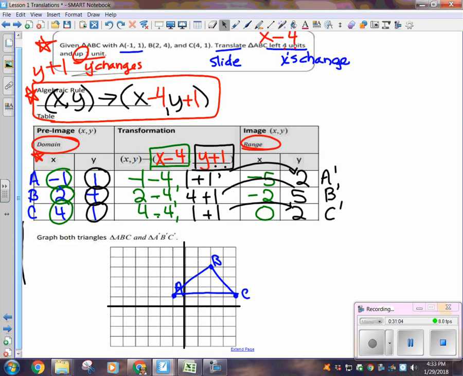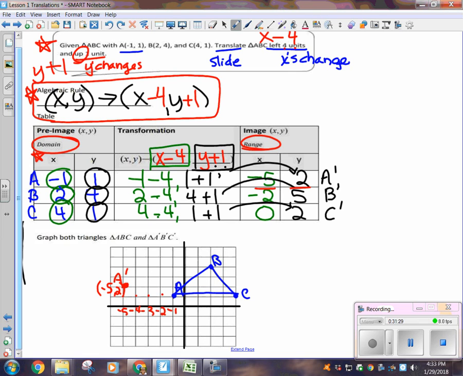Now, I could count this off. I could say, well, I should go left 4, 1, 2, 3, 4, and then up 1. So that should be located A prime. Let's just see what the point's supposed to be. -5, 2. -1, -2, -3, -4, -5, boom, up 2. That is the point -5, 2.